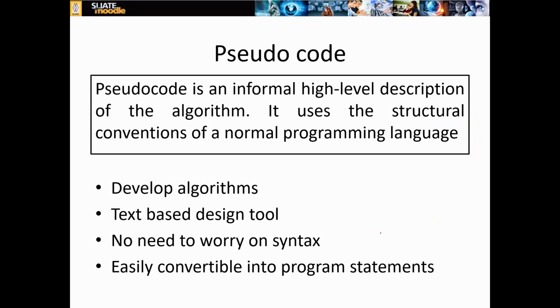And the second one, pseudocode. Pseudocode is an informal high-level description of the algorithm. It uses the structural conventions of a normal programming language, right? This is a bit similar to writing programs with the help of a programming language, but it is not exactly as it is. So here you will have to write instructions, one line, second line, third line, fourth line.